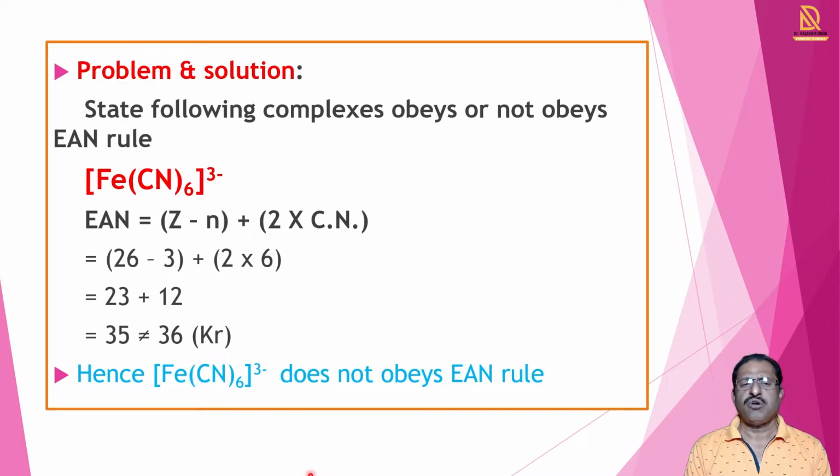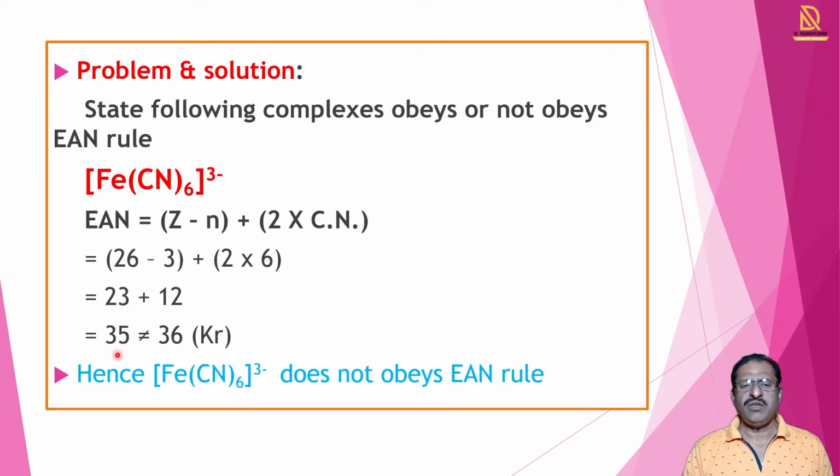So the oxidation number of Fe is plus 3, meaning Fe loses 3 electrons. So we solve 26 minus 3 plus, here the coordination number is 6, so 2 into 6. Simply, 26 minus 3 is 23, 2 into 6 is 12, so 23 plus 12 is 35.